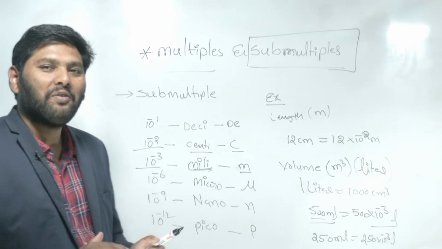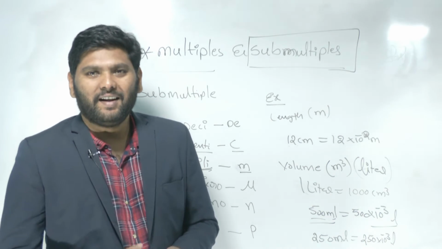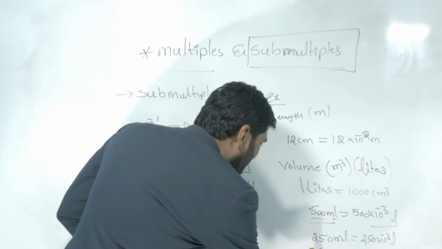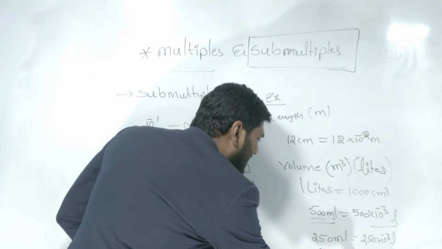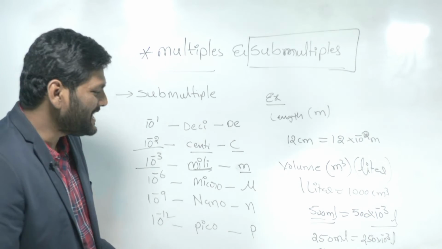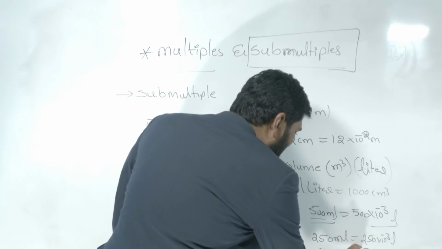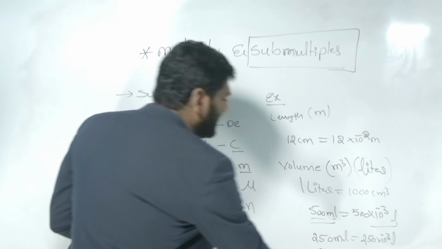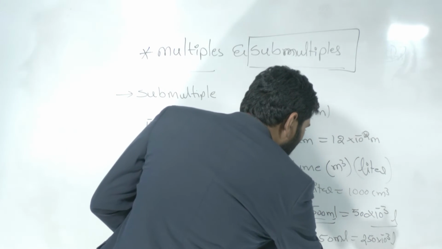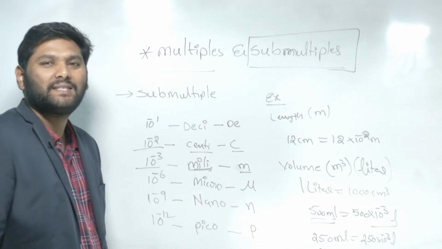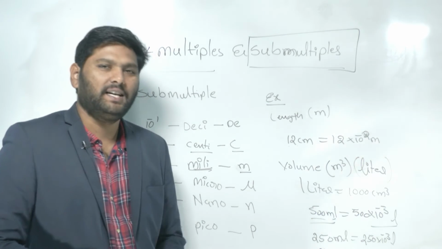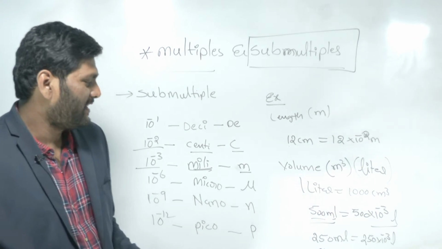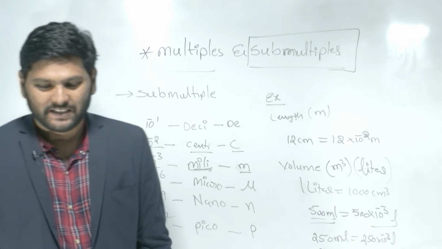Many times you have heard this, 90 ml. This 90 ml stands for 90 is 90 only, and M stands for 10 power minus 3. That is the way we use these submultiples to express physical quantities. Got it?